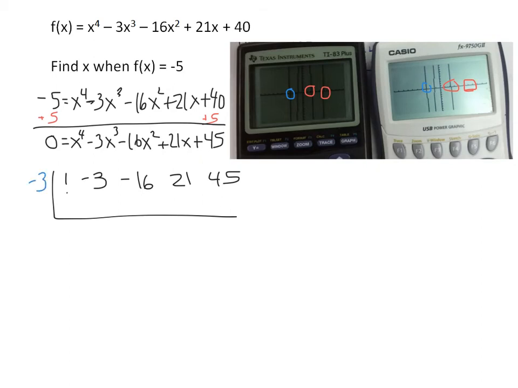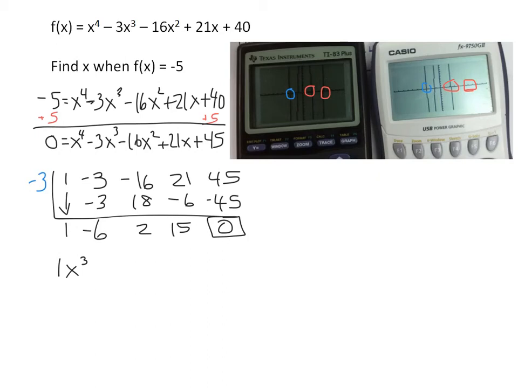All right, go ahead and do your synthetic division. And we get 0 for our remainder, which is great. And we're going to rewrite 1 x to the third power.